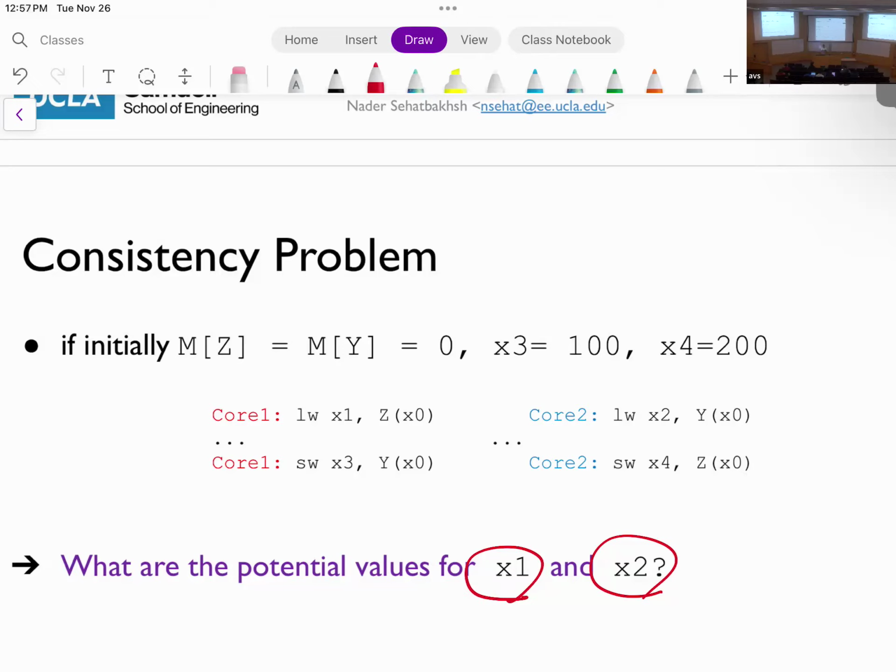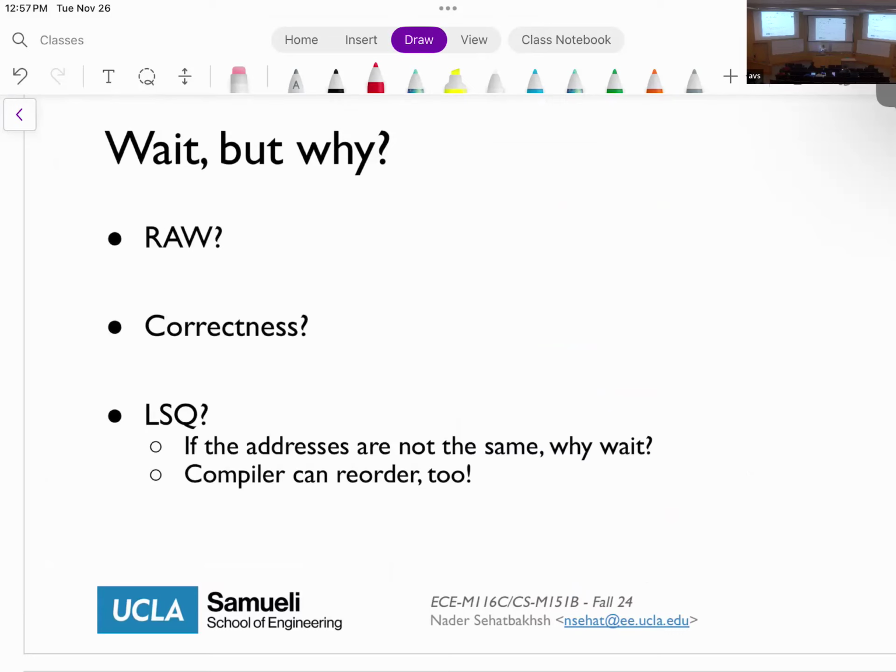As I said, there are a few reasons you might have this. There could be reasons such as RAW data hazards, correctness issues of different orderings, and load-store queues that cause this issue.